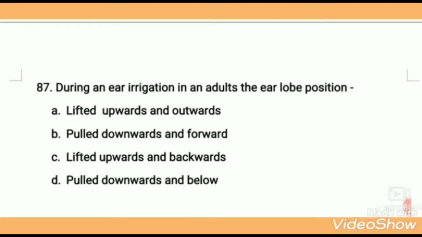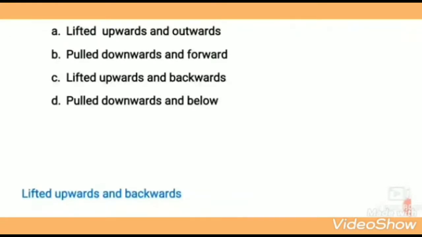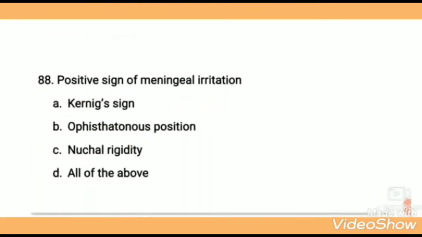The correct answer, during an ear irrigation in an adult, the earlobe position should be lifted upwards and backwards. Next question. Positive sign of meningeal irritation: Kernig sign, opisthotonus position, nuchal rigidity, all of the above.